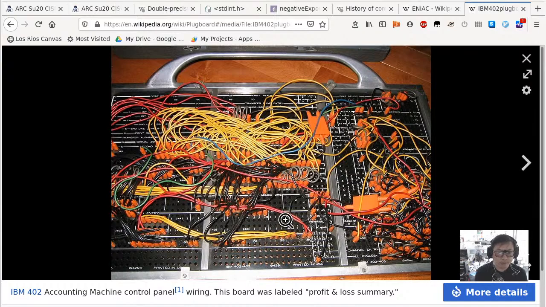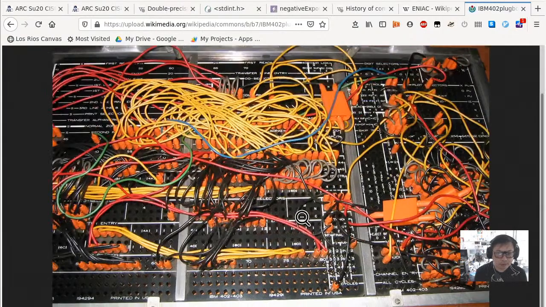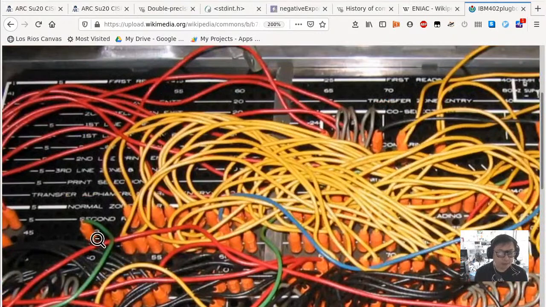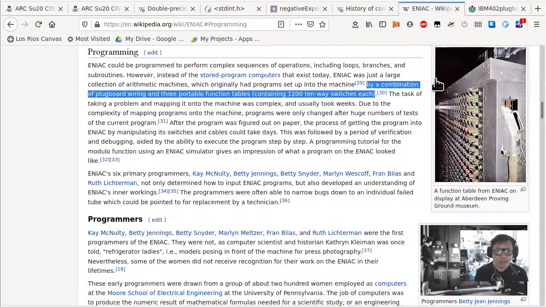And if you magnify enough, you can see how each wire terminates with a plug. That plug just plugs into a receptacle on the board, and by wiring, using individual wires, you can now change the connectivity between the receptacles on the switchboard itself. That is how an ENIAC computer is programmed.